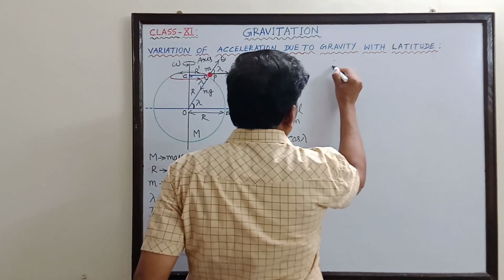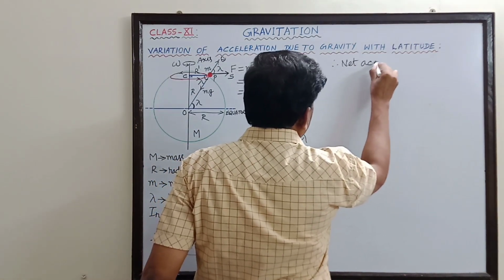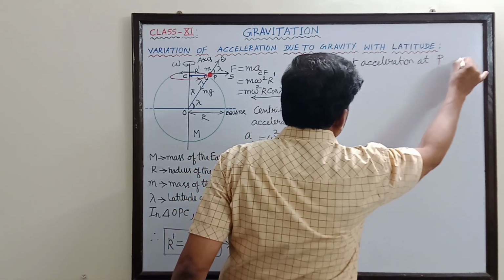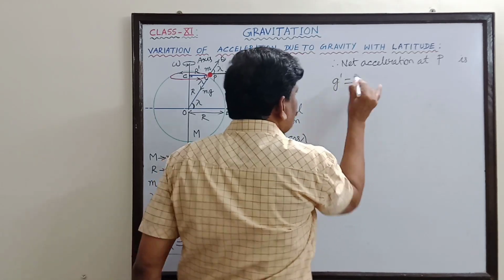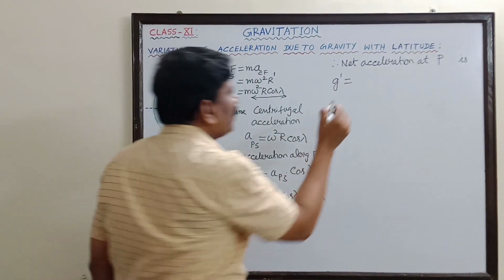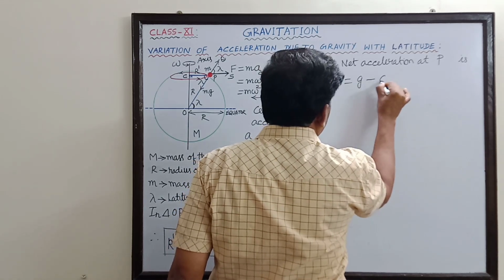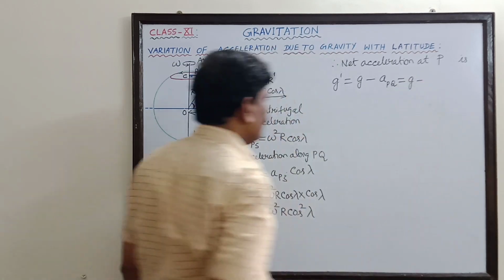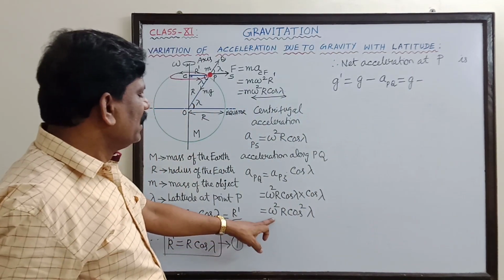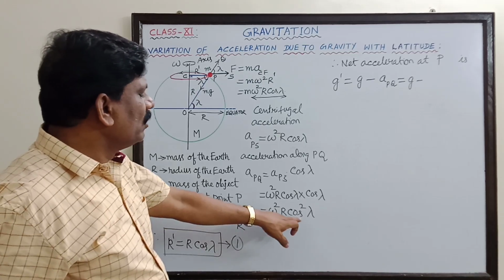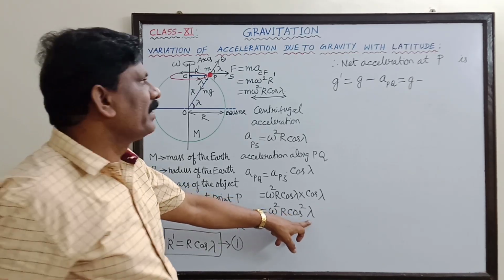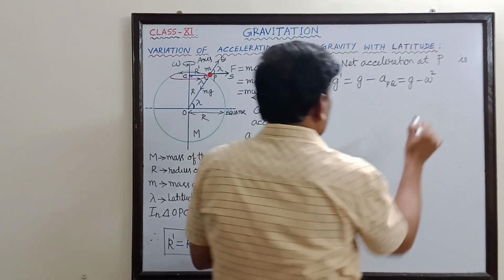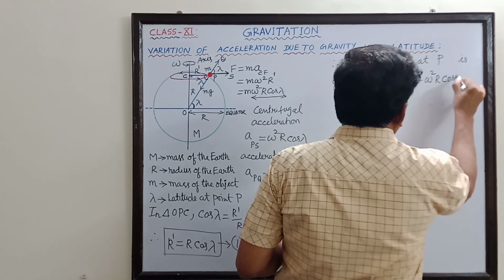So I will write, therefore, the net acceleration at point P is G dash. This is equal to G minus APQ, which is G minus omega square R into cos square lambda.